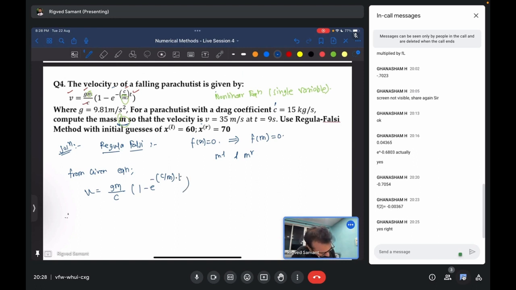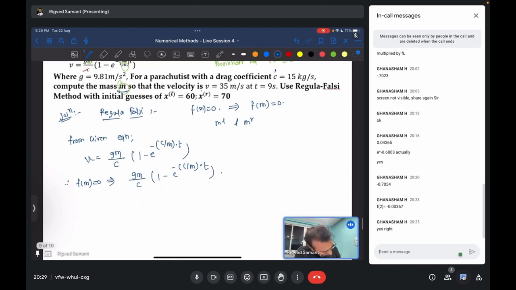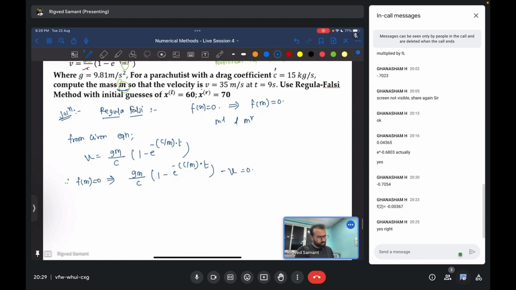Therefore f(m) equal to 0 implies we take v on that side. So f(m) is equal to gm divided by c into 1 minus e raised to c by m into t, minus v is equal to 0. This is your f(m) equal to 0. So everything is in terms of m. So we'll put the values, then you will get that.